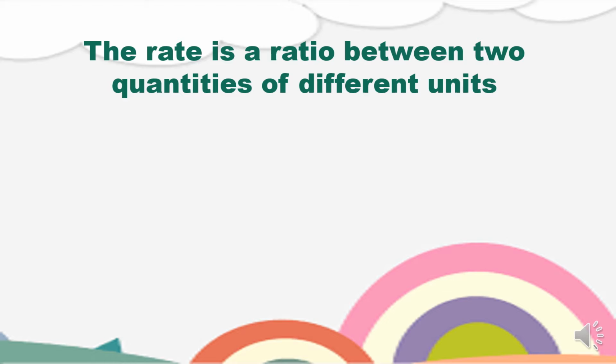The rate is a special case of the ratio because it's between two quantities from different units. The ratio between two quantities compares two quantities from the same unit, right, Junior 6? And the rate is a special case of the ratio because it's a ratio between two quantities from different units.